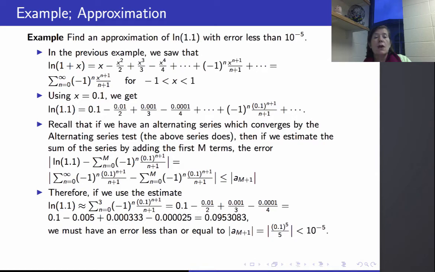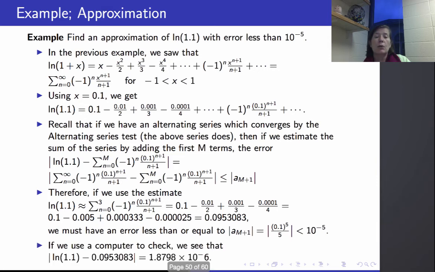If I use the sum from 0 to 3 of this series to approximate the natural log of 1.1, that is, I use the first 4 terms, my approximation is 0.0953083, and this must have error less than or equal to the absolute value of the next term, which is 0.1 to the 5 over 5, which is certainly less than 10 to the minus 5. So this gives me a very close approximation to the natural log of 1.1.